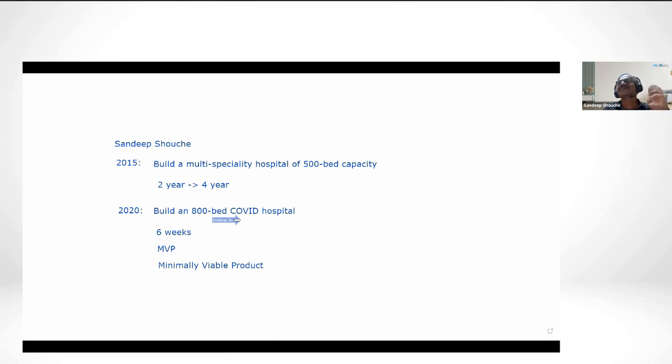And what they had was a cheat sheet. It said, when a patient comes in with a positive report, ask them these questions. Take their temperature, take their oxygen concentration, this and that. By and large, 80-90% of the patients, we just had to isolate them, look after them, and they would be fine after a week or so.